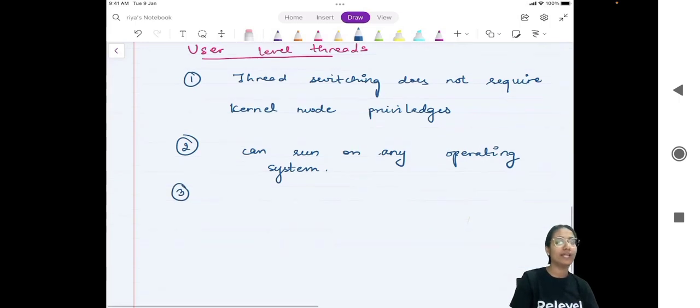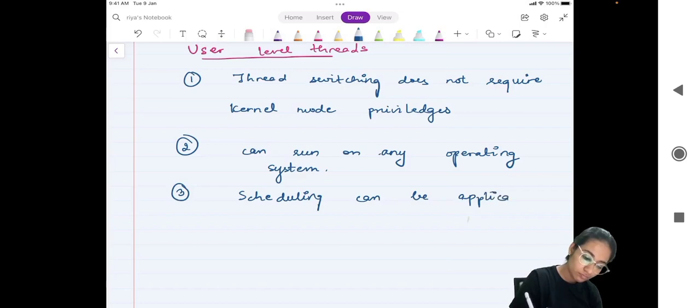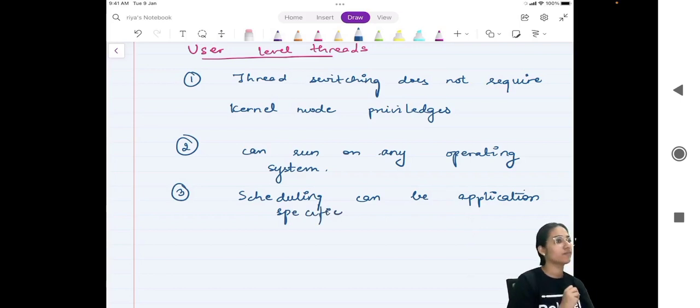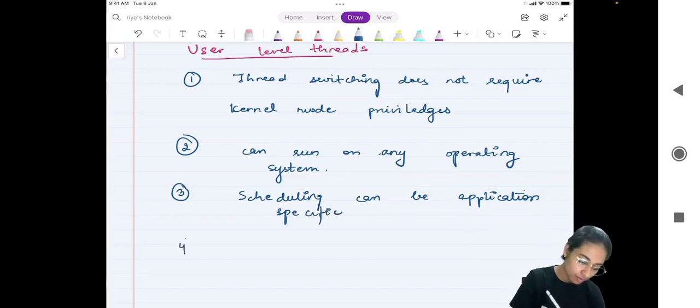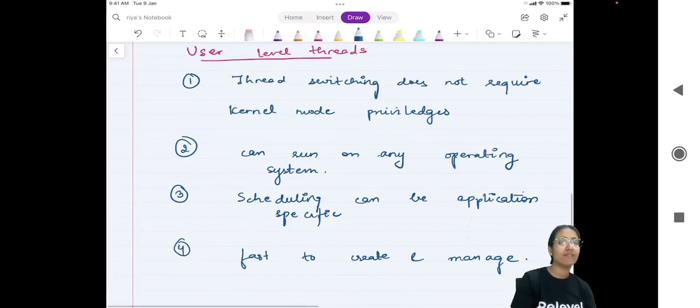Third would be that scheduling can be application specific. How do you want to do the scheduling? Not kernel specific. And they are fast to create as well as to manage. These are some of the advantages of using user level thread.